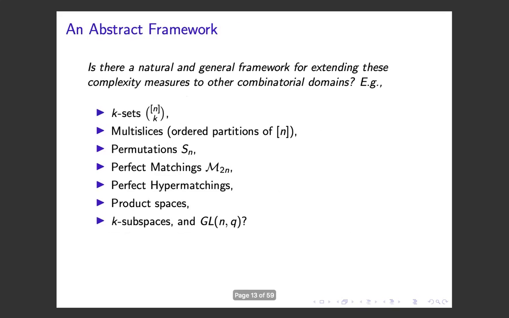Of course, if one were to do this, you wouldn't want to do it in some ad hoc fashion or case by case for each domain that you wish to consider. So the question becomes, is there a natural and general framework for extending complexity measures on the hypercube to other combinatorial domains? Here's just a list of some combinatorial domains that come to mind.